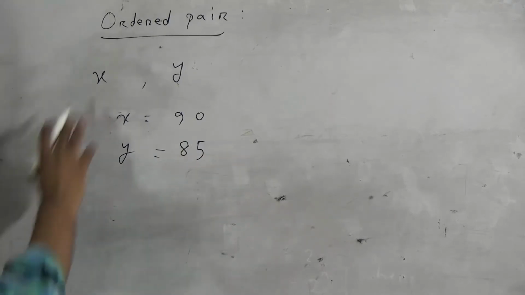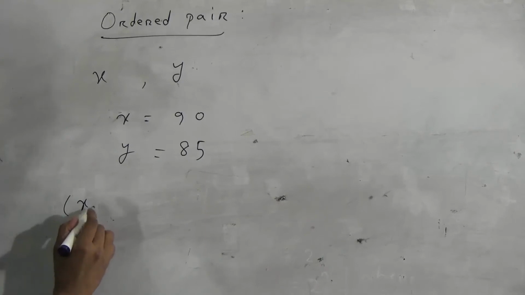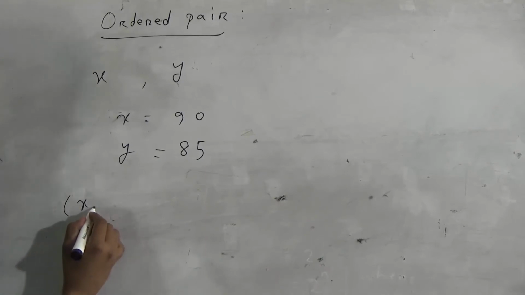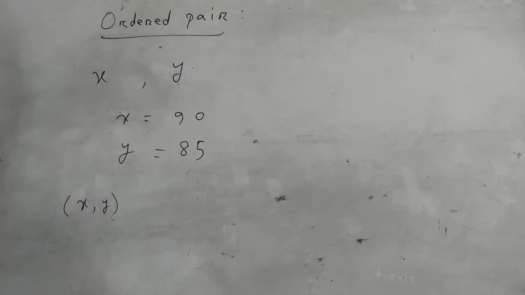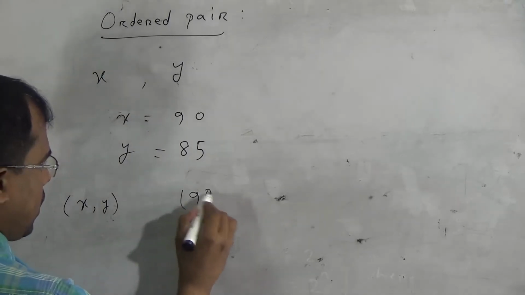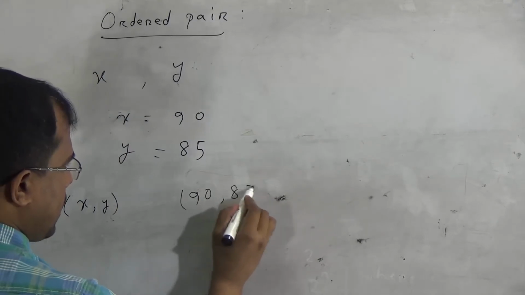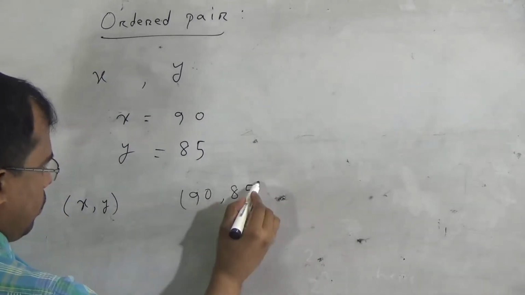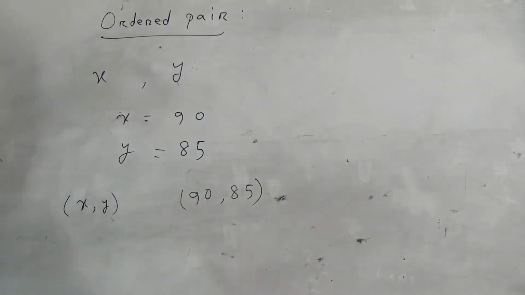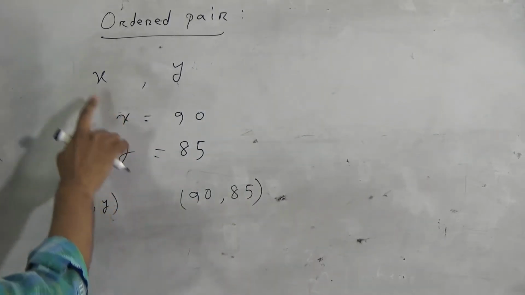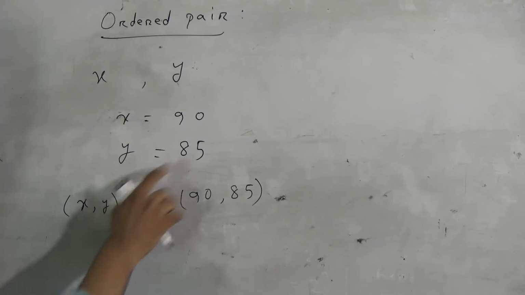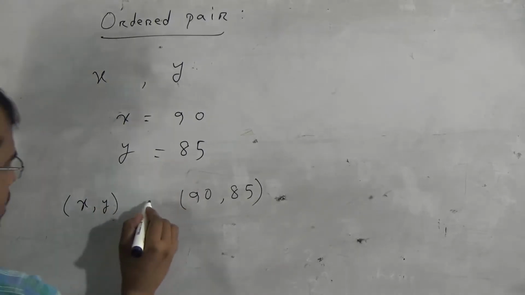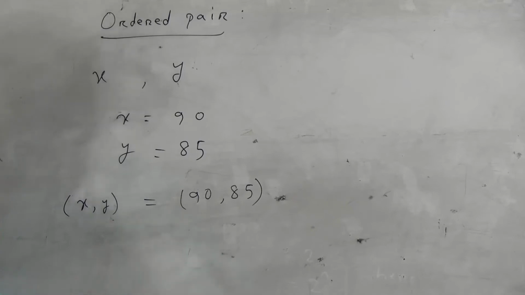Now taking X and Y in a first bracket and giving a comma will separate X and Y. This form is called the ordered pair of X and Y, and we will make another ordered pair taking 90 as the first element and 85 as the second element. It is an ordered pair and it is also an ordered pair. Here X is related to 90 because student X has got 90 marks and Y is related to 85 because student Y has got 85, and we will write it (X, Y) equal to (90, 85).